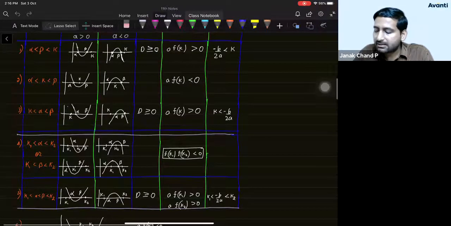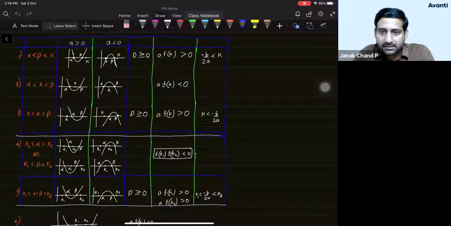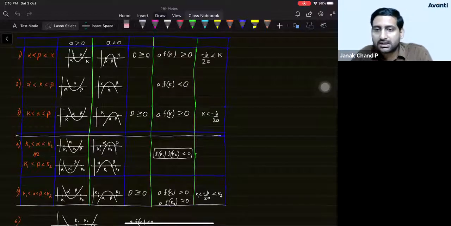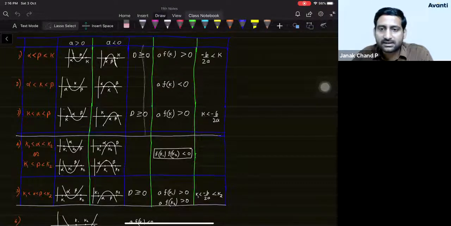A detailed analysis we have already made, students. As a summary, I have told you the easiest way of remembering this: just remember that there are three kinds of conditions. The first one is discriminant greater than or equal to 0. The second one is the value of the function times a. So how do you remember this?